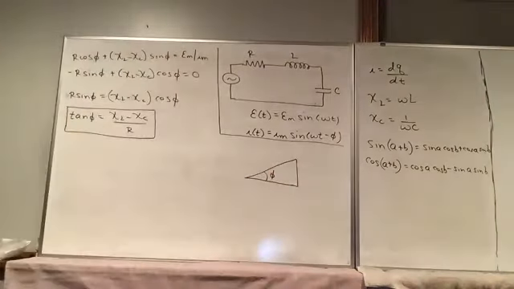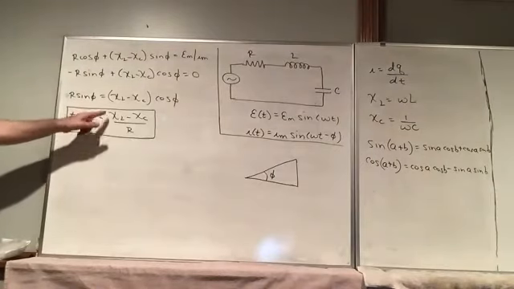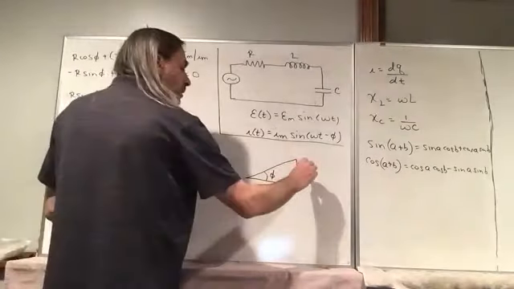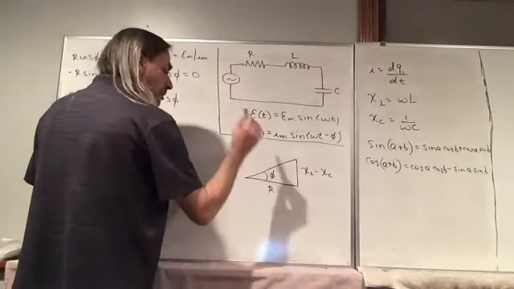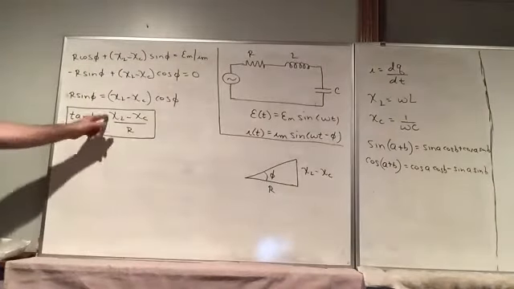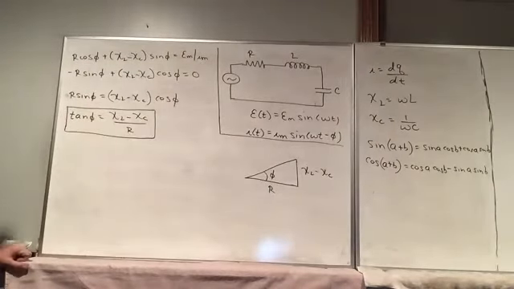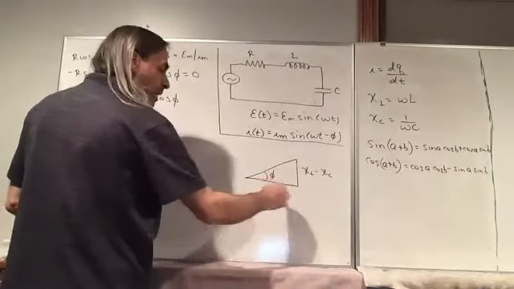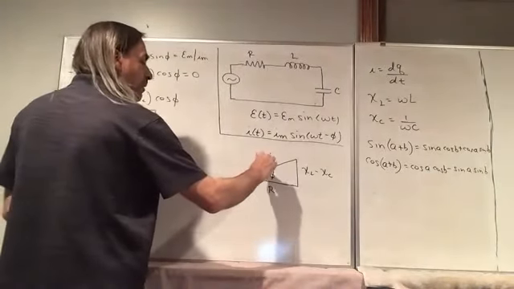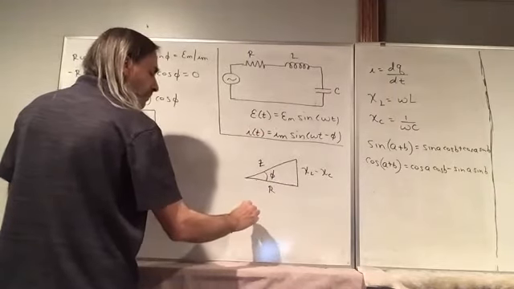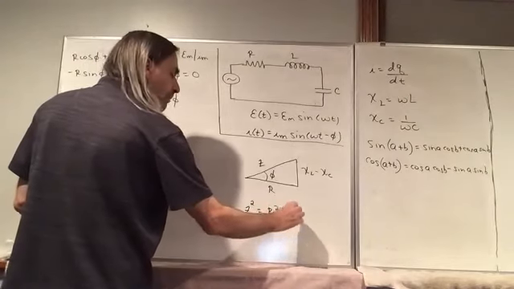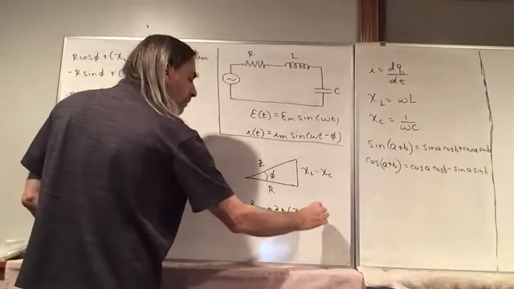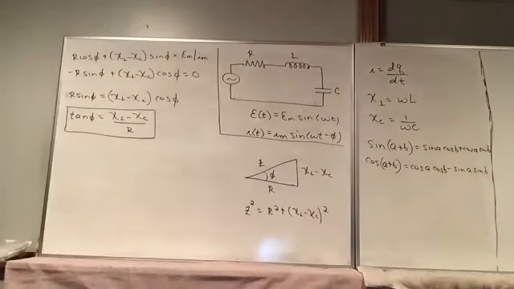Let's say that angle is phi. So tangent of phi is opposite over adjacent. So we can say xi L minus xi C over r. So tangent of phi is equal to that. And the hypotenuse is that squared plus that squared. Add them up and take the square root. I'm going to call that z. So just from the Pythagorean theorem, we have z squared is equal to all of that.